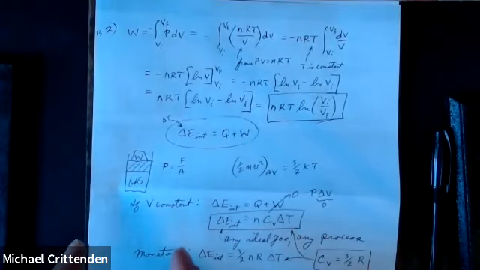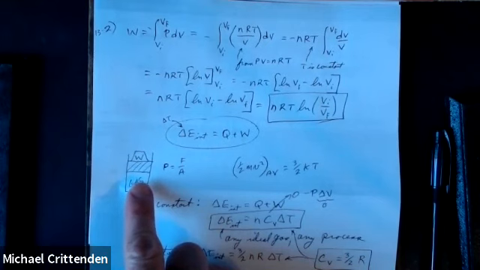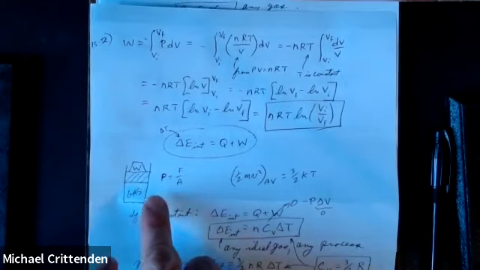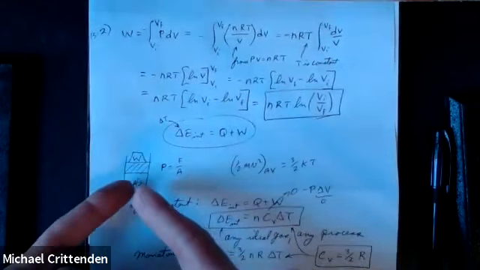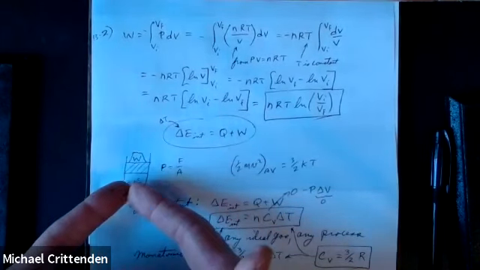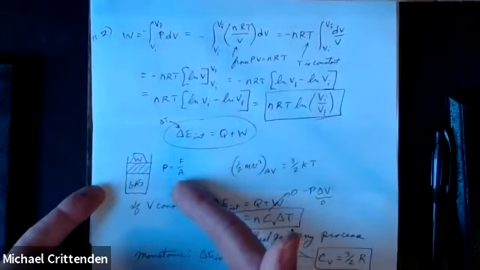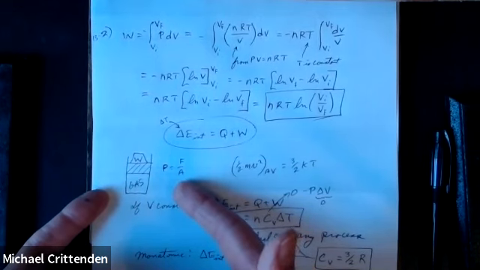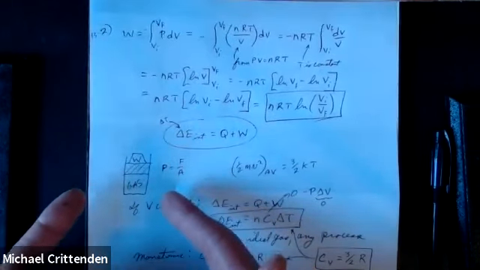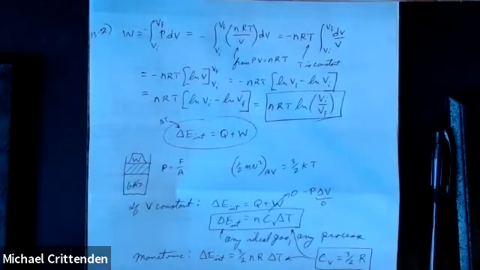But as soon as that goes up just a tiny fraction of a degree, the temperature gradient you've created makes heat flow outward through the walls of the cylinder into the surrounding heat sink, and you maintain a constant temperature that way. So an isothermal process is compress it really slowly in good thermal contact with something that can soak up a lot of heat. An adiabatic process is exactly the opposite.